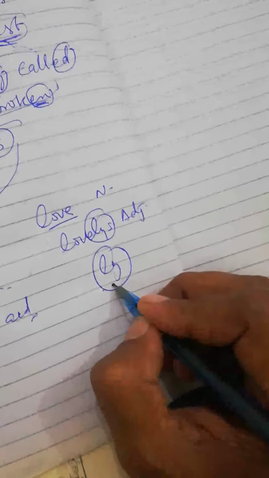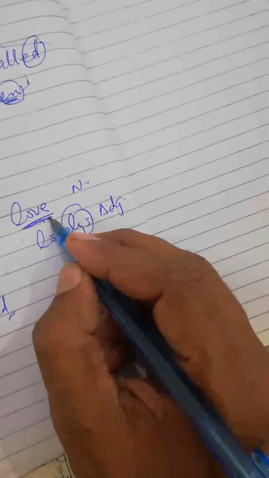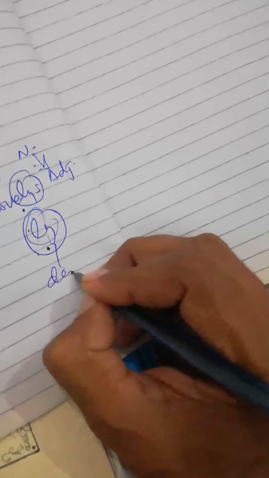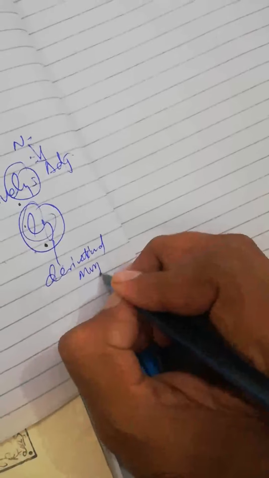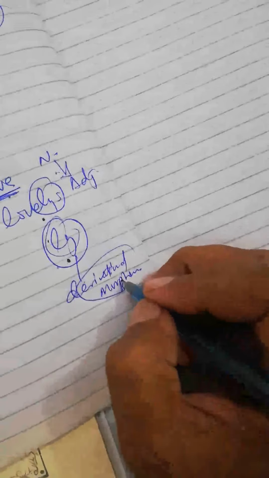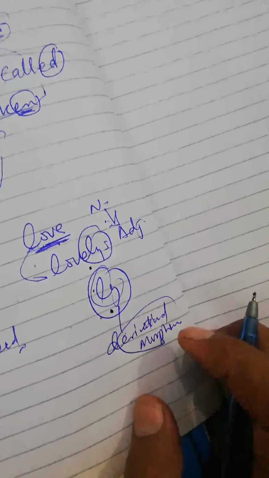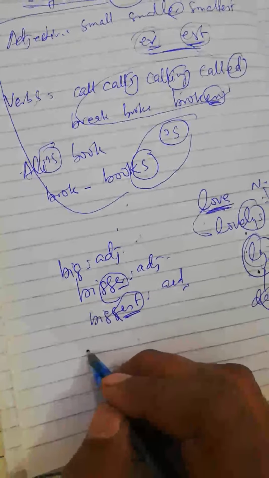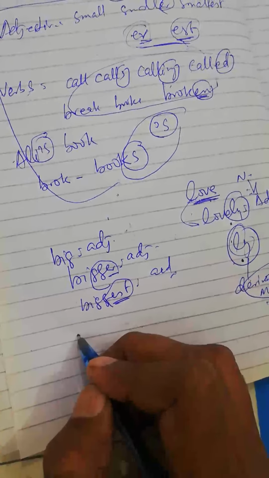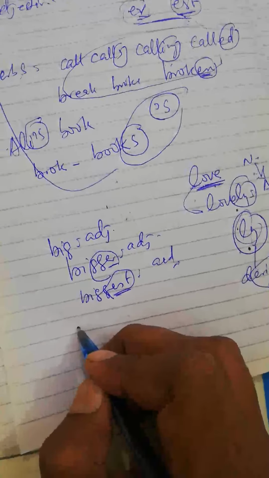Why? Because when it is added to the noun love, it changes its status from noun to adjective. So ly is a derivational morpheme. It may change a word category or it may not. But inflectional morphology is sure not to change the status of a word.